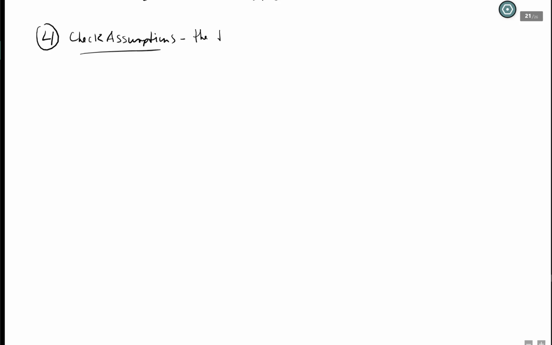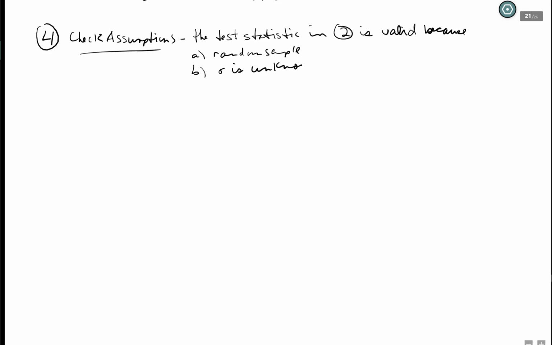The test statistic, the t-test statistic in step 2, is valid because A, we have a random sample, B, sigma is unknown, and C, we have a small, any size sample, so that's not really an assumption we need to check.